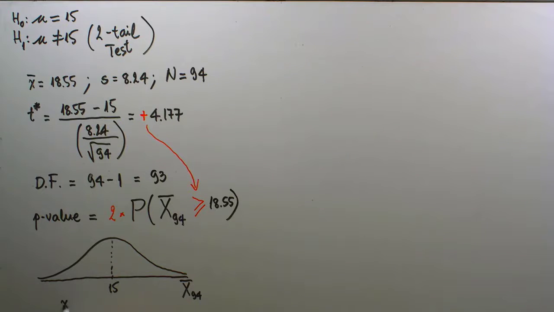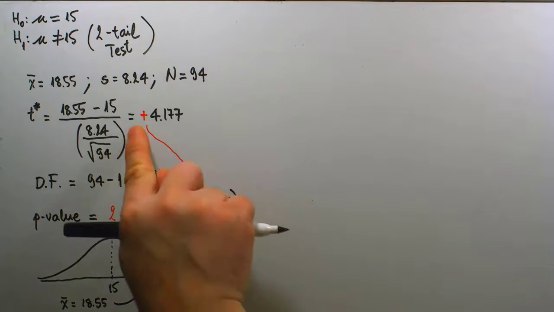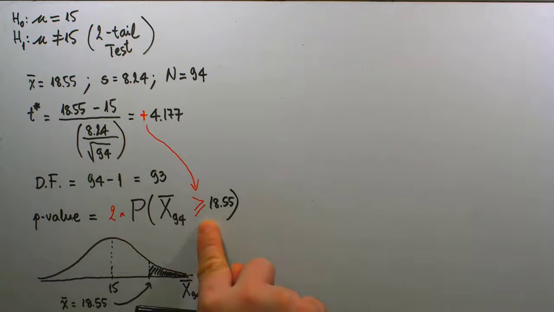And so our sample itself at 18.55 is obviously somewhere on the right hand side of this bell curve. And so this probability before the doubling is understood as a shaded area to the right hand side, due to the positive sign of the t-score and the right tail inequality here.